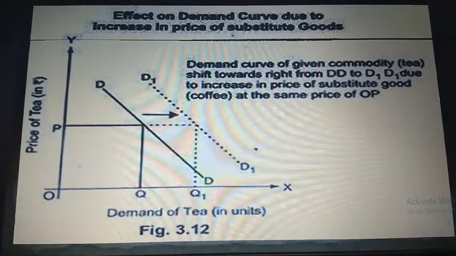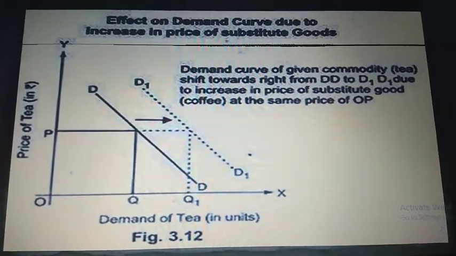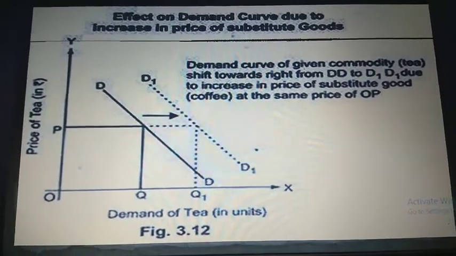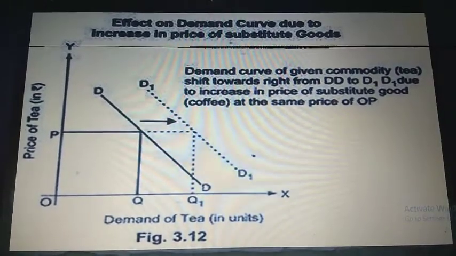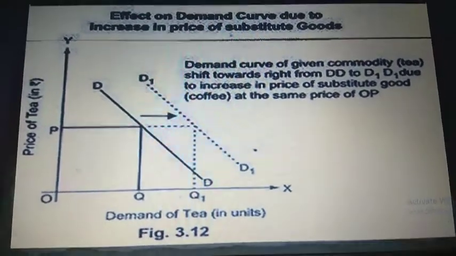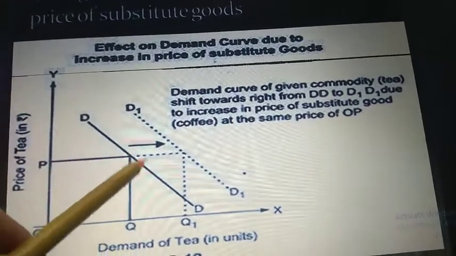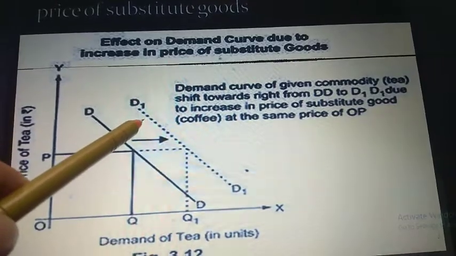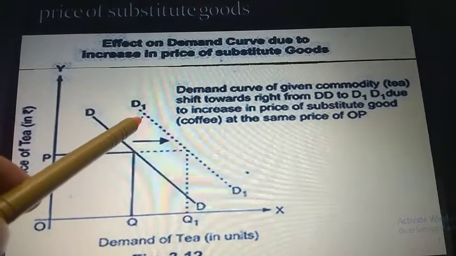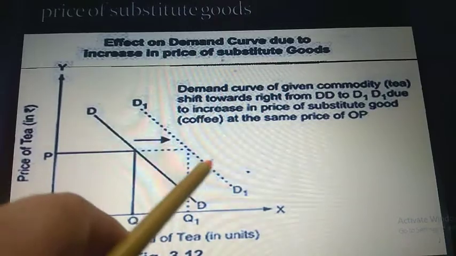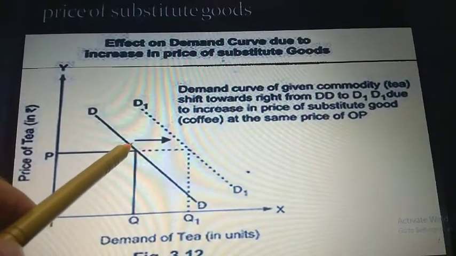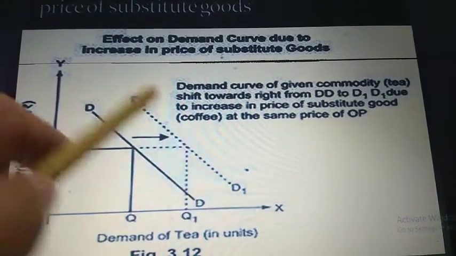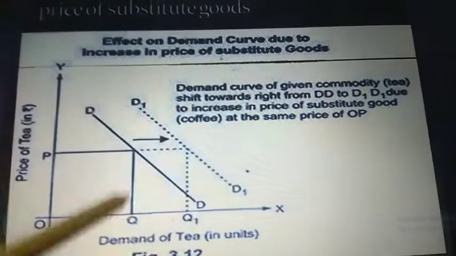Let's say the price of coffee rises. People are going to consume less coffee and more tea. Obviously they are going to consume more of tea. So we can see DD is the original demand curve, and because of the rise in the price of the substitute good, coffee in our example, there is an increase in demand, which is shown by a rightward shift in the demand curve from DD to D1D1.